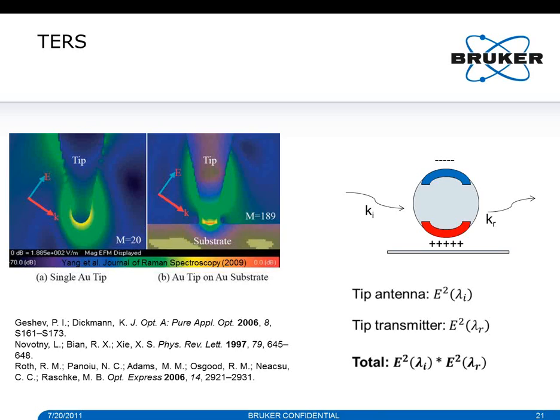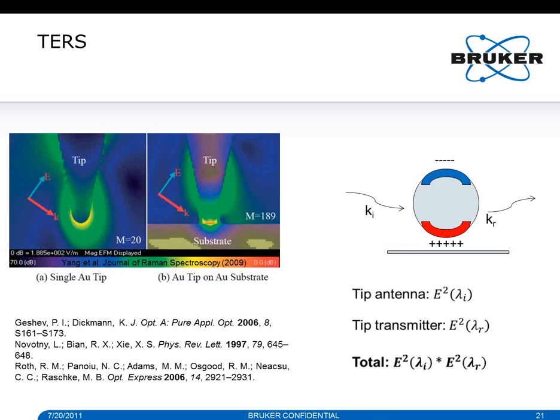What you see on the right here is that when you use a substrate where you can also induce a dipole, as shown on the tip here, then you can actually get an even higher enhancement. So let's say you use a gold tip. If you also use a gold substrate, you end up with what's referred to as gap mode imaging. Then you can get a much higher enhancement, because you induce a dipole into the sample, and then you get a much higher field.